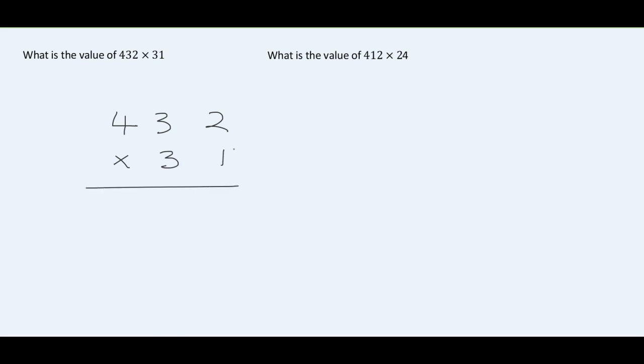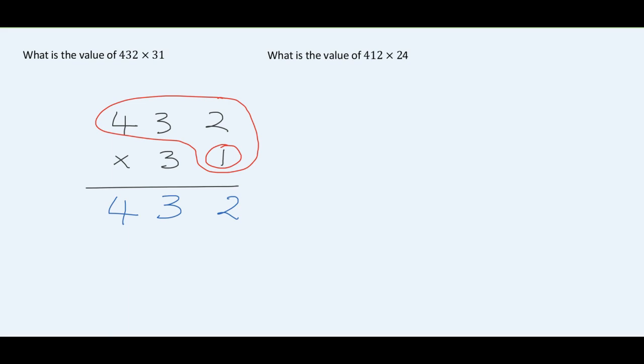We start with the rightmost number at the bottom, and we're going to multiply every number at the top with that number. So we have 2 multiplied by 1, we have a 2. 3 multiplied by 1, we have a 3. 4 multiplied by 1, we have a 4.